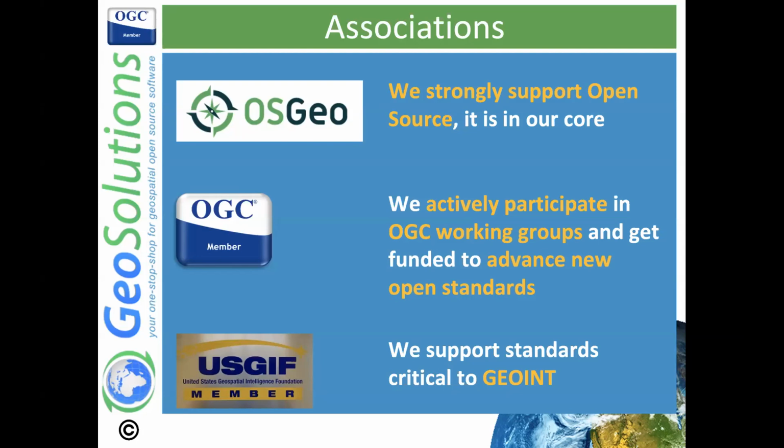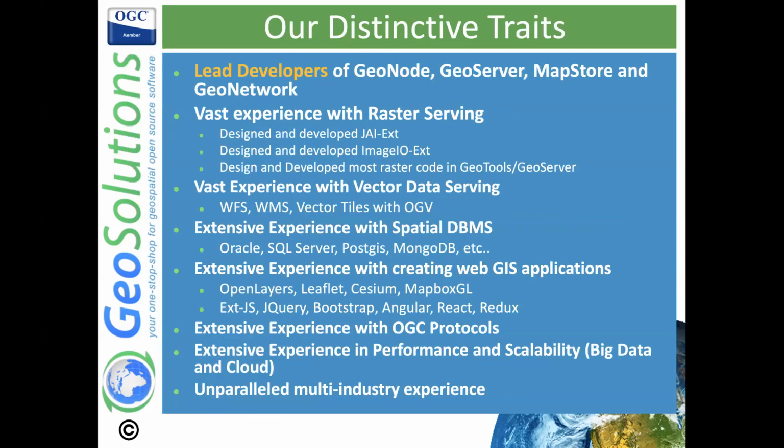So we're big supporters. We're part of OSGeo, members of OGC, and members of USGIF, because we also support the GeoInt community. Our team has a lead developer for all the products I mentioned before: GeoNode, GeoServer, MapStore, and GeoNetwork.